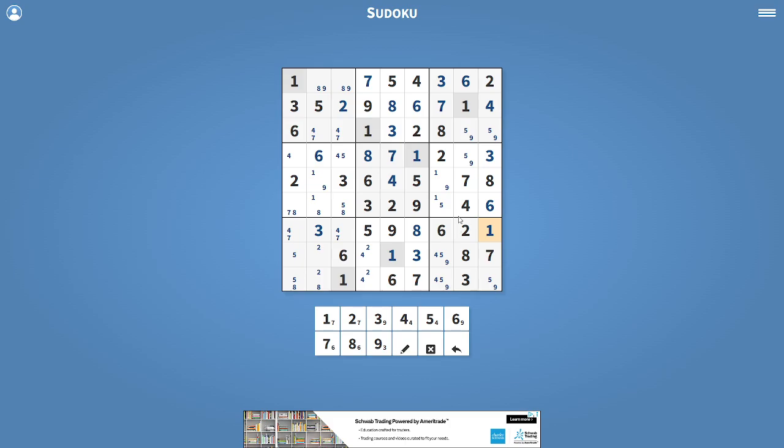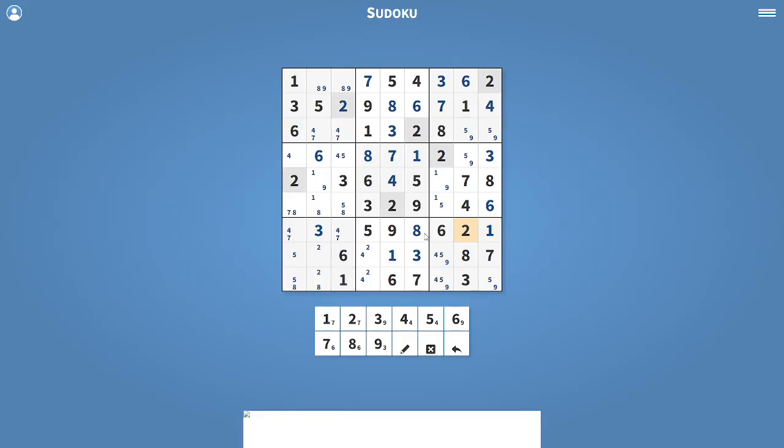Anything else that we can just check as we're skimming around and through the entire area? Let's see. Technically, that could be a 5 or a 9, because we don't really have any other information to put there. Anything with our 2s?